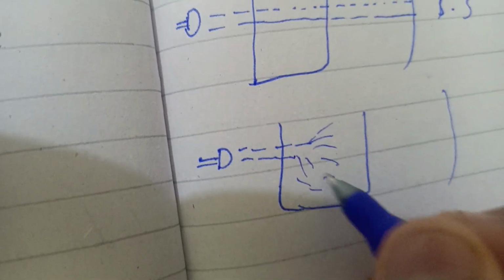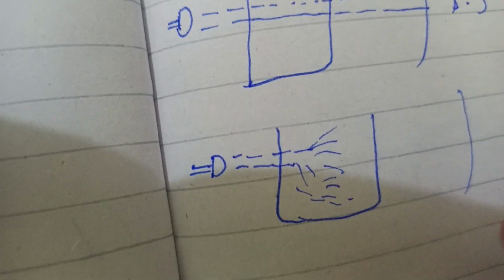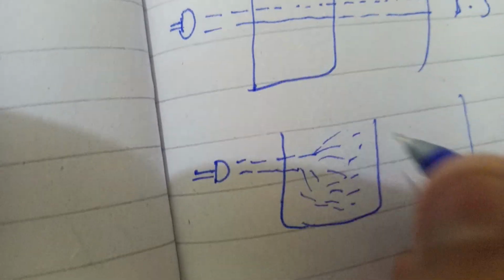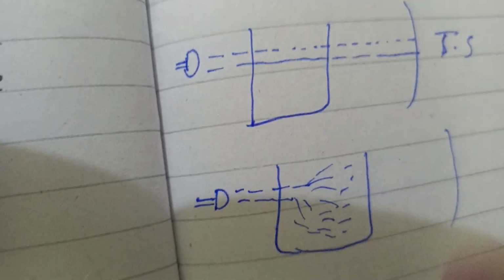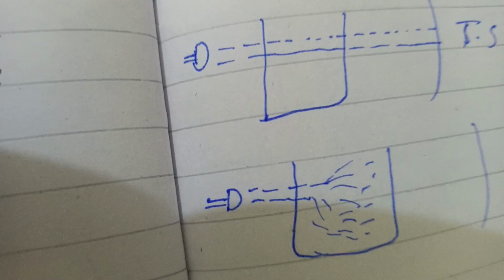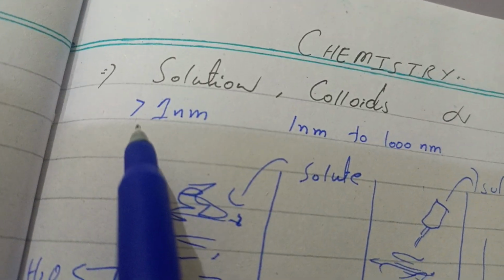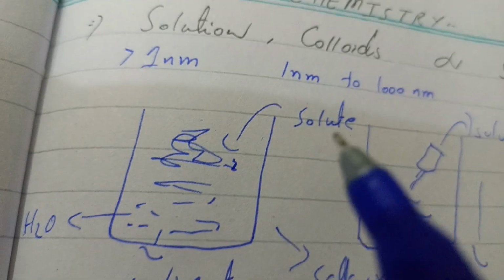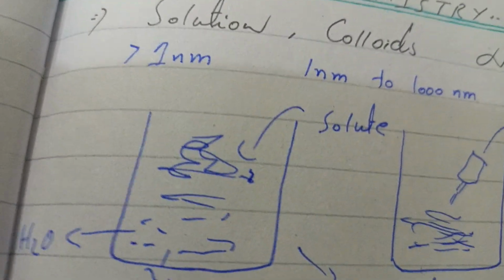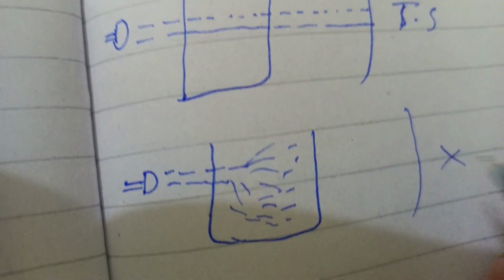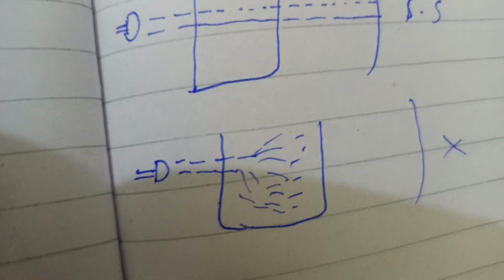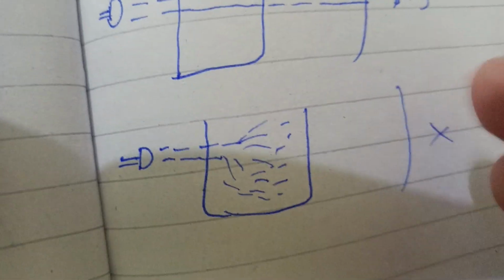There is not so much dispersion, but a little bit of dispersion will be there, because the particles are not settled by their own, and it is already translucent, and the size is also bigger. There's a big difference in the size of the solution and the colloids. For example, here it is less than 1 nm, and here it is from 1 nm to 1000 nm, which is a very big size in terms of chemistry. So we can't say that it will show on the screen.